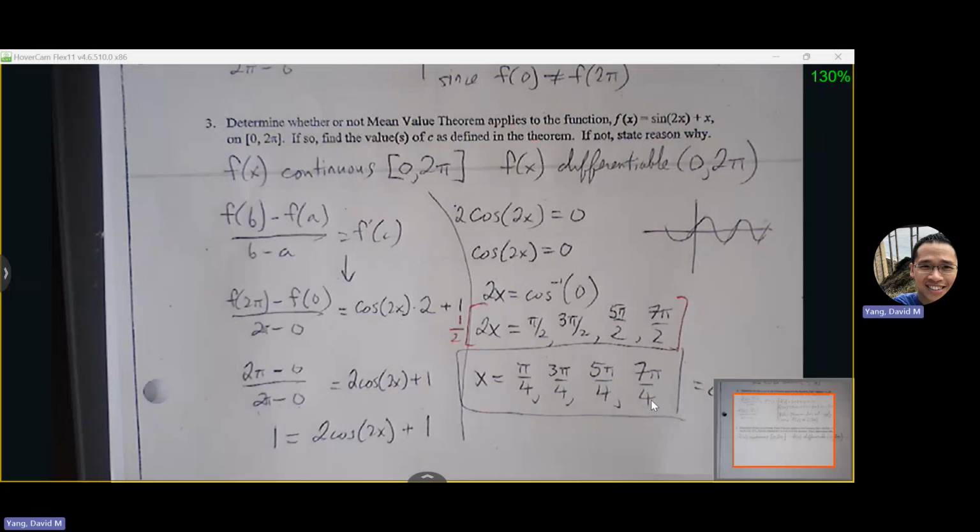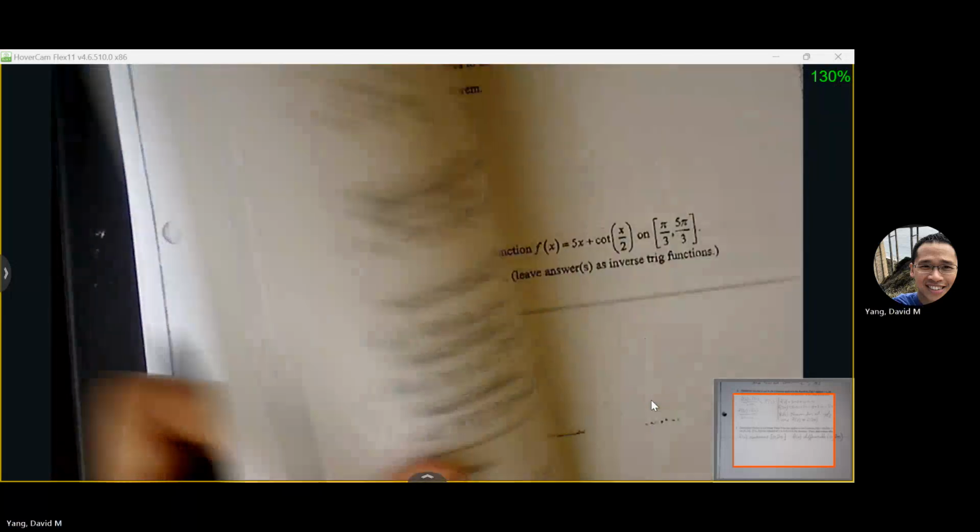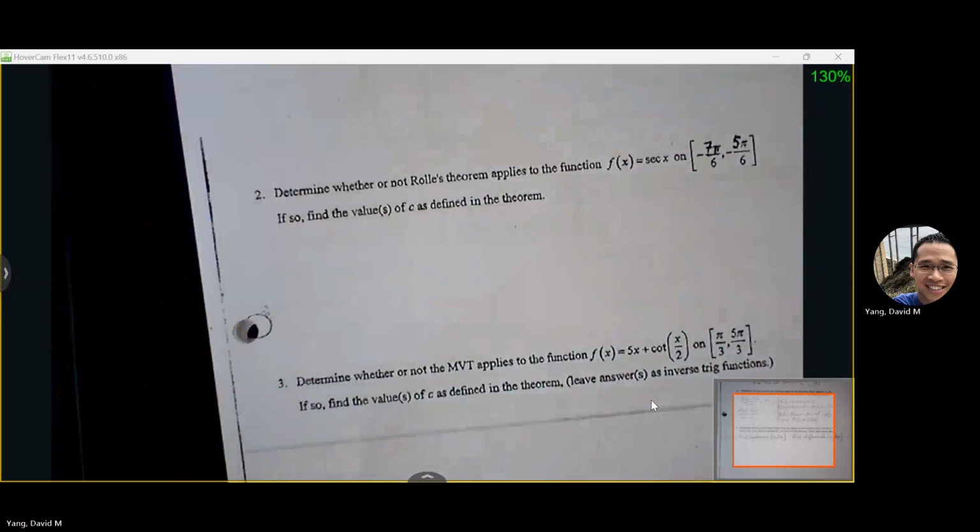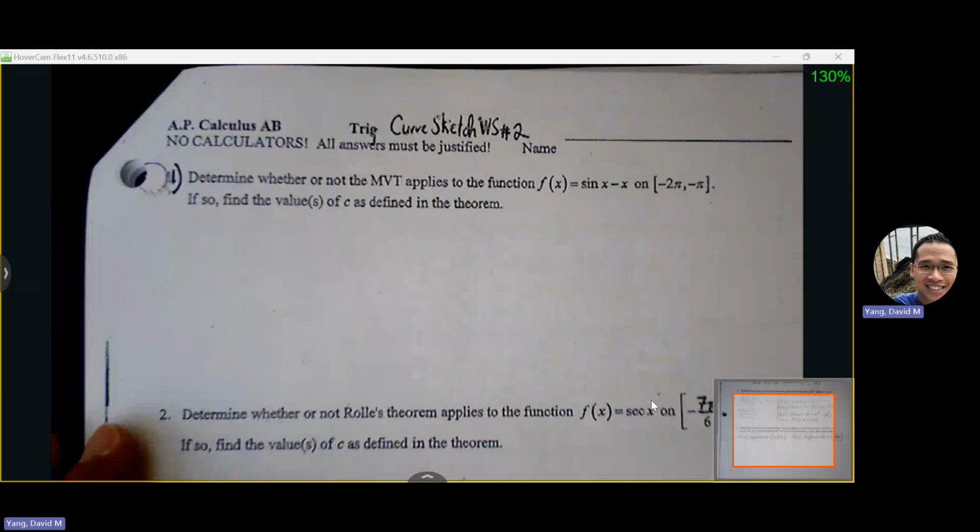Go to page 7. Number 1, another mean value theorem problem.